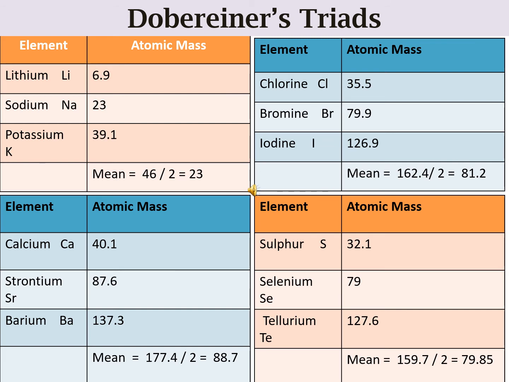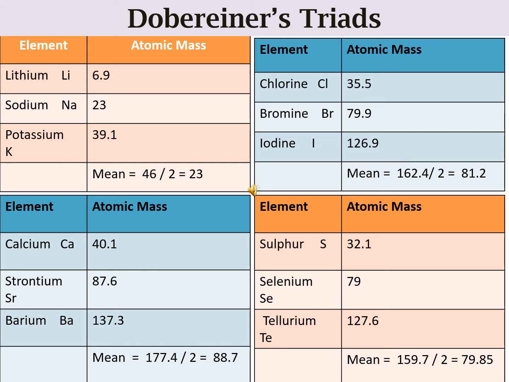Now again we will take the mean of the atomic mass of chlorine, 35.5, and that of iodine. You have to take the mean of the masses of the first and third element. So the sum gives you 162.4, and that is to be divided by 2 again, and you are going to get 81.2.